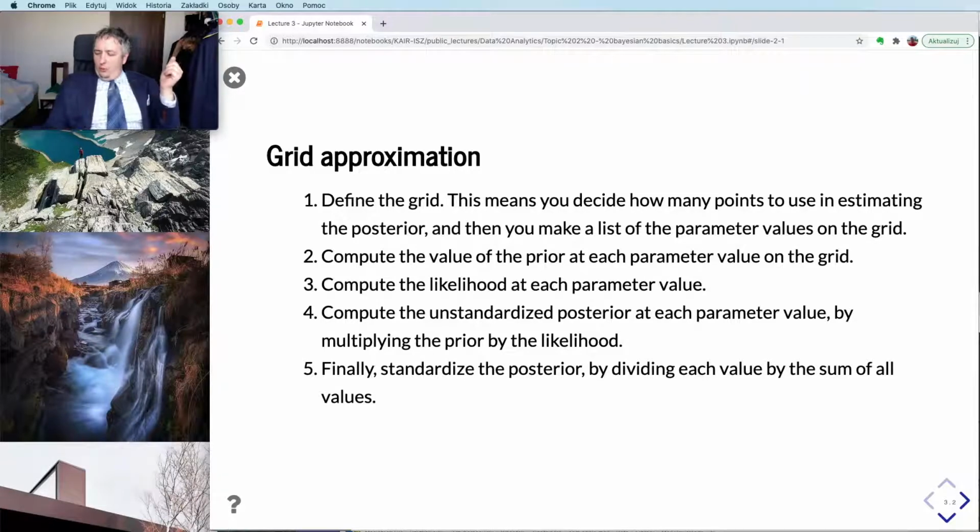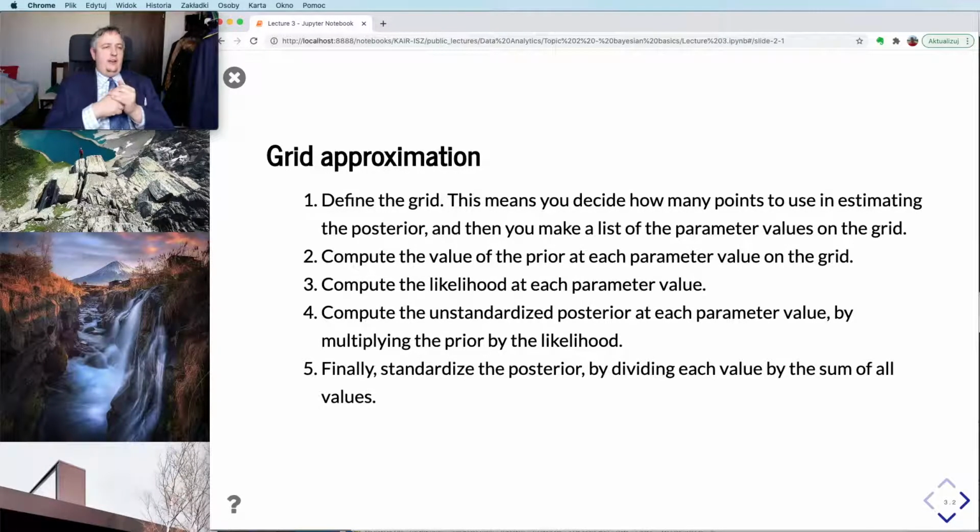Then we compute values of the prior at each parameter value on the grid. Then we compute the likelihood at each parameter value. So we have values at certain points, and we compute the unstandardized posterior at each parameter value. So we compute the value that is proportional to the posterior, because we multiply the prior and the likelihood.